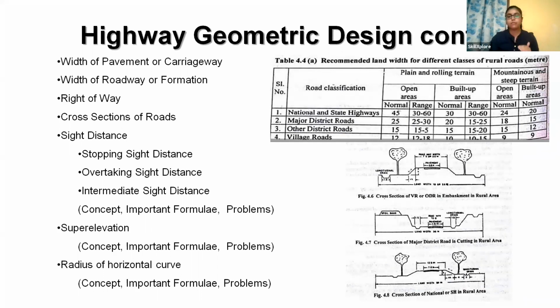Same with overtaking distance. How much distance should be there between your vehicle, the vehicle you are driving, and the vehicle which you are expecting to overtake, so that there won't be a collision between these two vehicles. That is known as overtaking sight distance. Here, more things we have to consider.